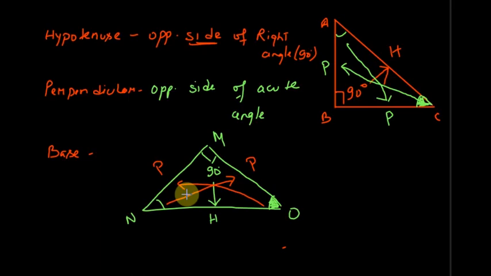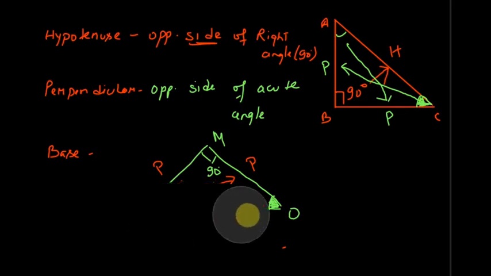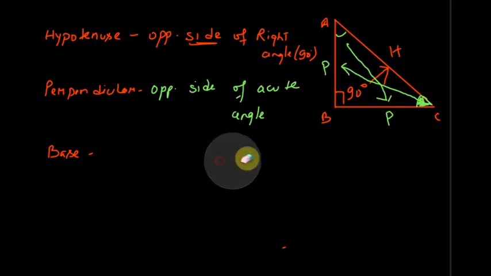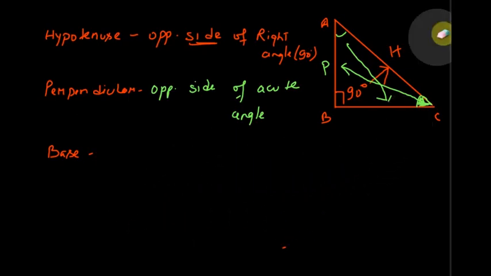That will be very simple. As of now, just remember that perpendicular is the opposite side of the acute angle, and that we cannot have a fixed perpendicular. If we change the acute angle, then the perpendicular changes.